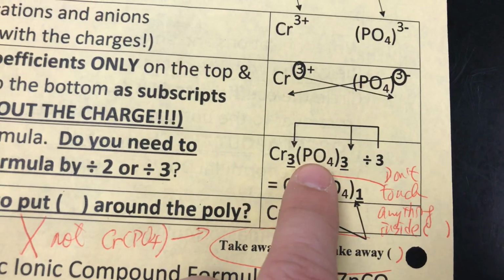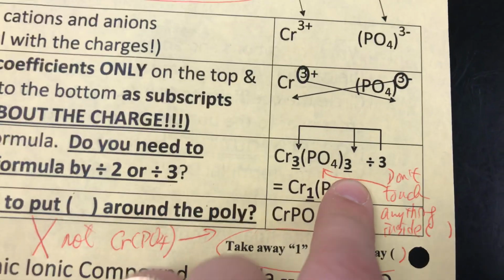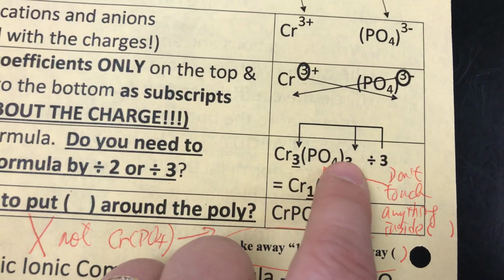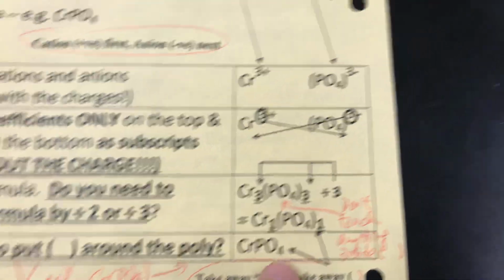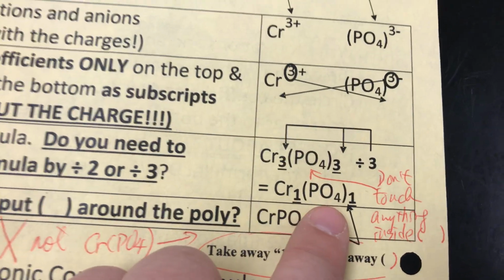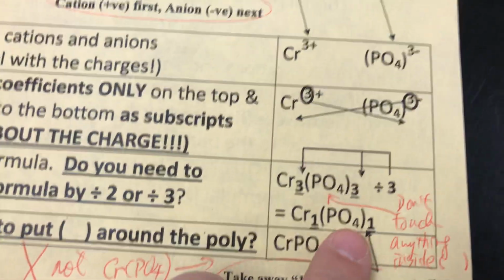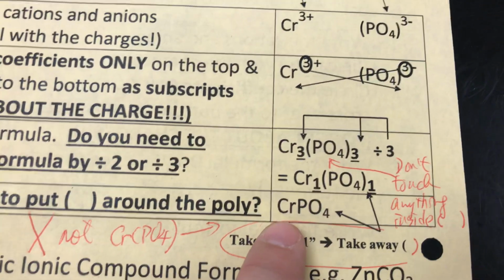You cannot touch PO4. We can only look at this 3 and this 3, and we can simplify by dividing by 3. So I got Cr1, parentheses PO4 close 1. In the formula we don't want the 1, so we take away the 1 from the Cr, no problem.